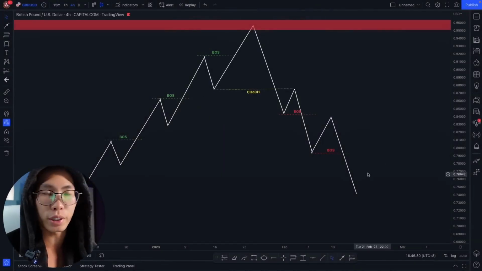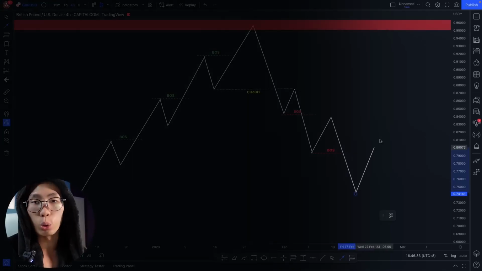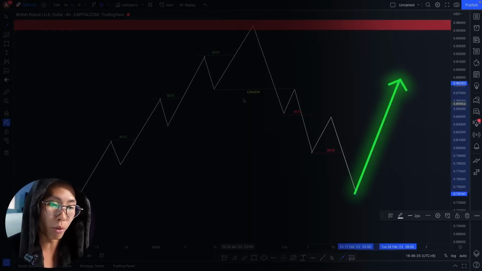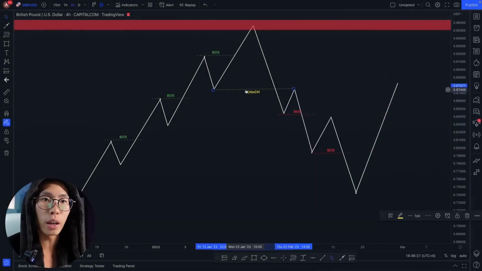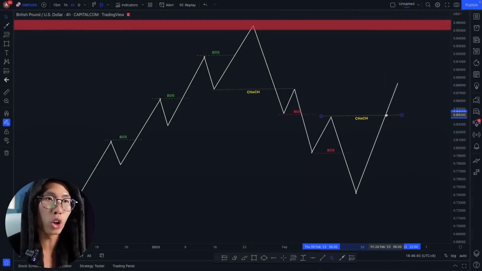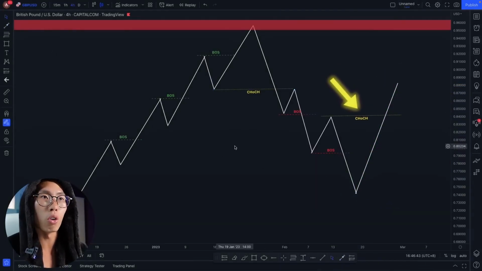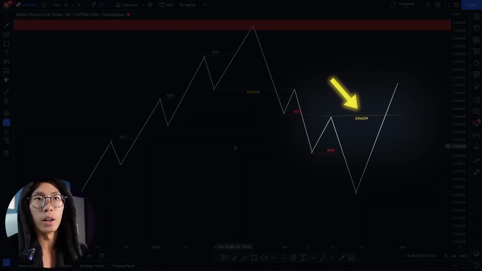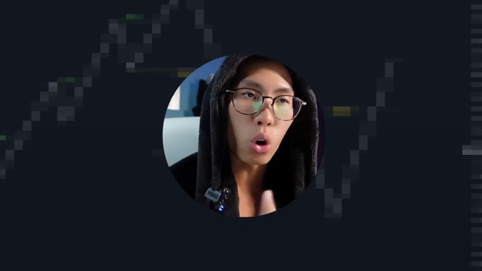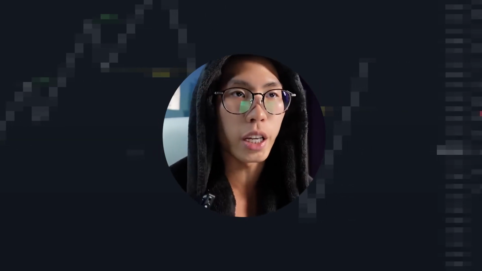At some point, this downtrend will start losing momentum, like the uptrend, and it will start reversing back up, and this will create your change of character right here. So this is pretty much the whole concept of smart money concepts: break of structure and change of character.